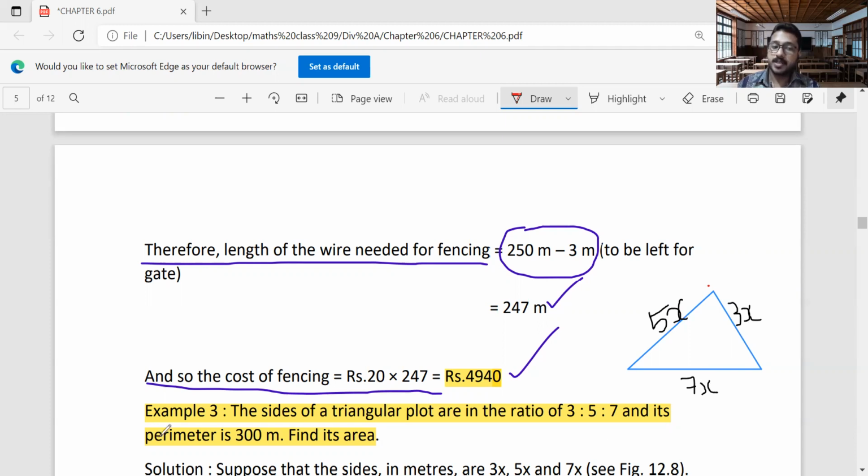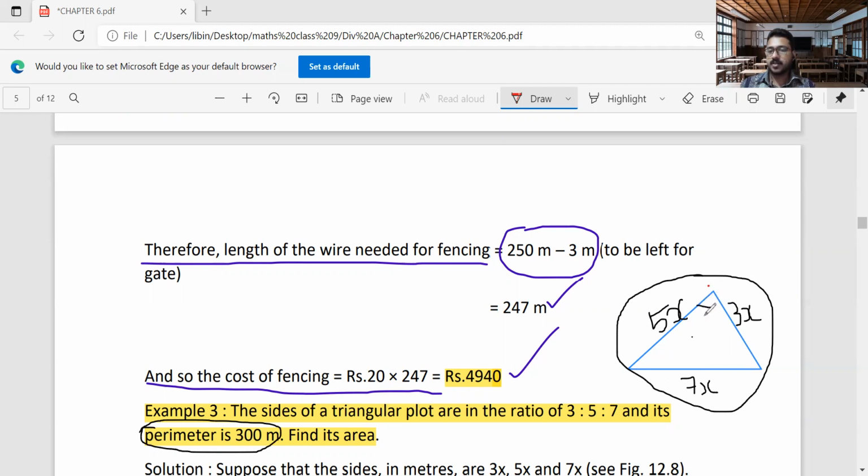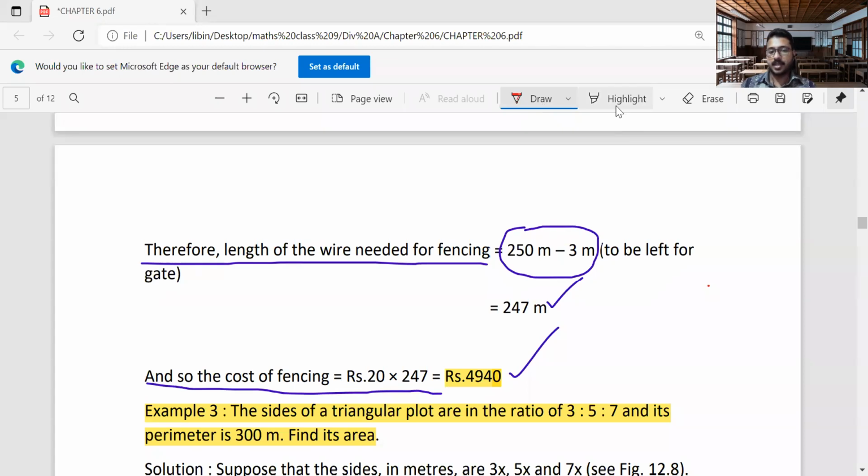And one more piece of information is given to you. The perimeter is 300 meters. So if we know the sides of a triangle, what will be its perimeter? Just adding all the three quantities. But actually the perimeter is given to us as 300 meters. So we can find the answer easily.